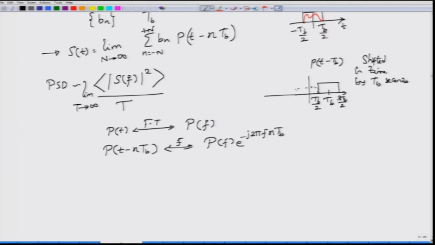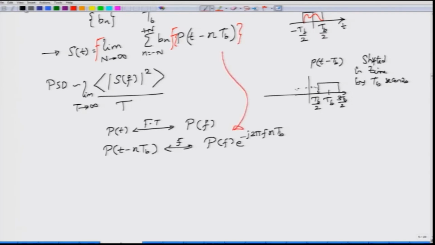So, I have S of t here, and the Fourier transform of S of t is S of f. If I have to do the Fourier transform, I apply the Fourier operation to the entire pulse train. Then I interchange the limits of summation and the Fourier transform. B n is a sequence that does not have a Fourier transform, whereas the Fourier transform of P of t minus n TB is precisely this term.